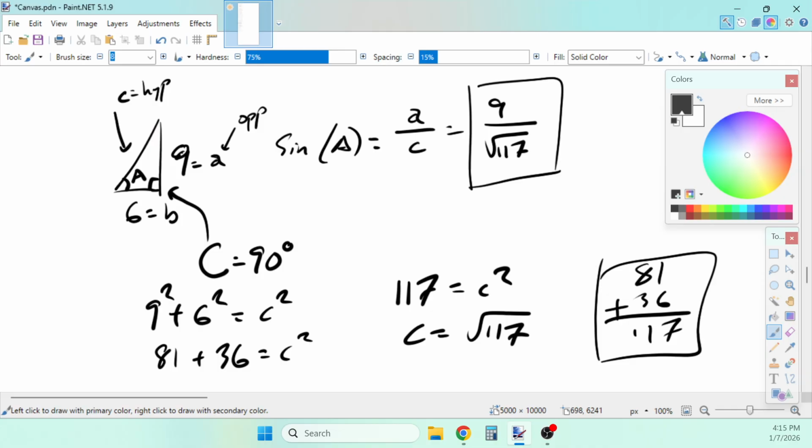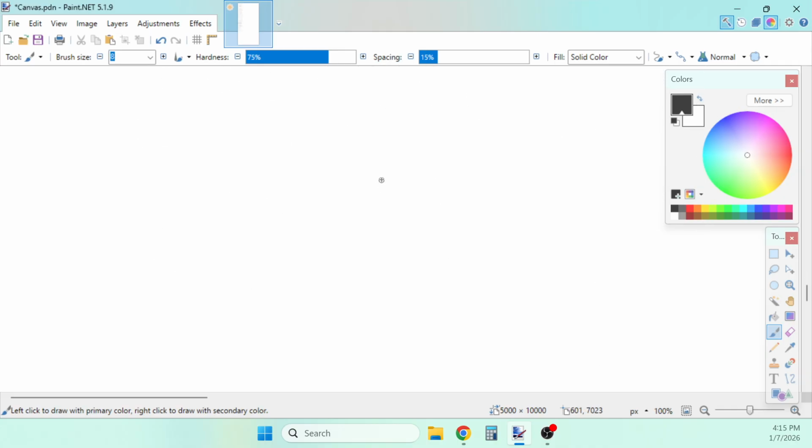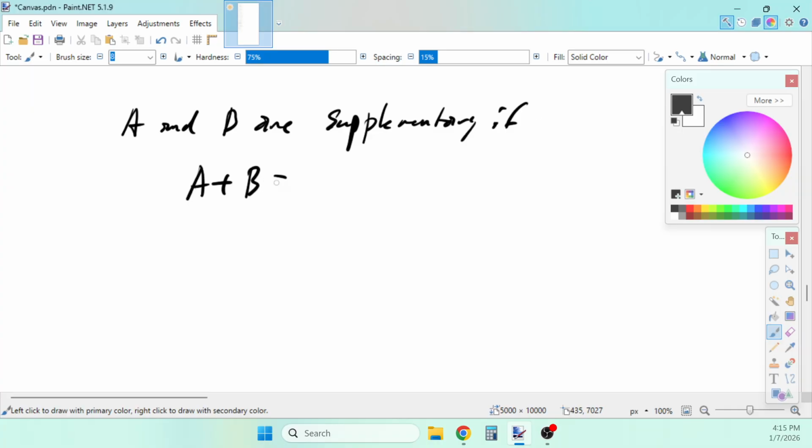If A and B are supplementary angles, what is angle B? Okay, so here we go. Supplementary means A and B are supplementary if A plus B equals 180.